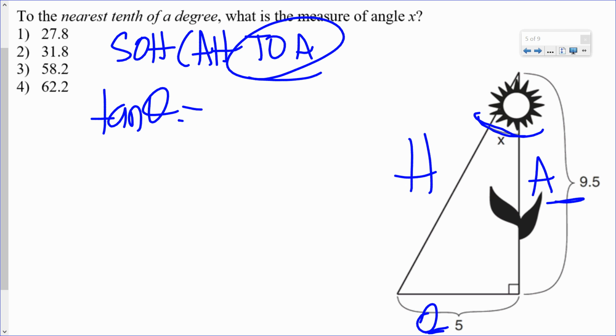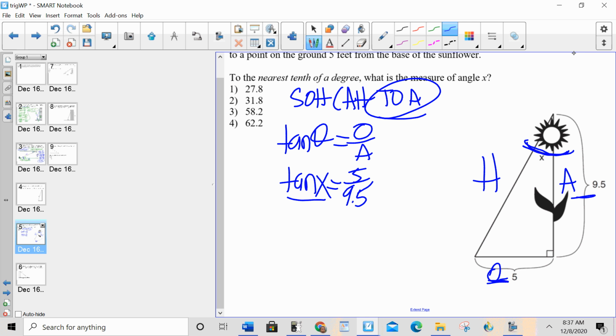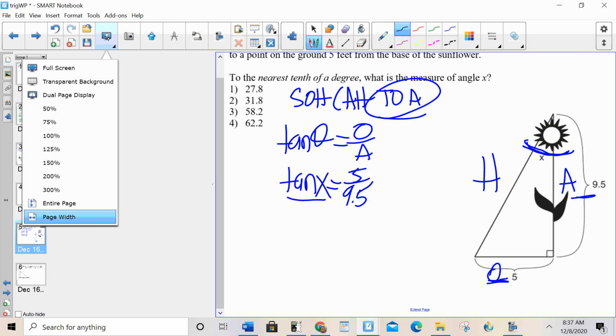Tan theta equals O over A. Theta in this example is x, O is 5, A is 9.5. Now, since x is with tan, since I'm finding an angle, I'm not going to cross multiply. Cross multiplication gets the x out of the fraction, but the x is not in the fraction.